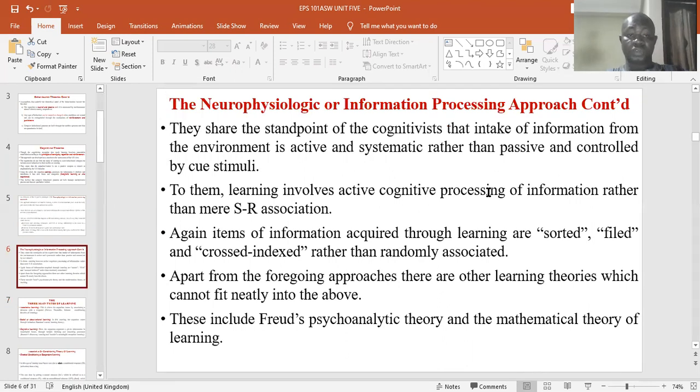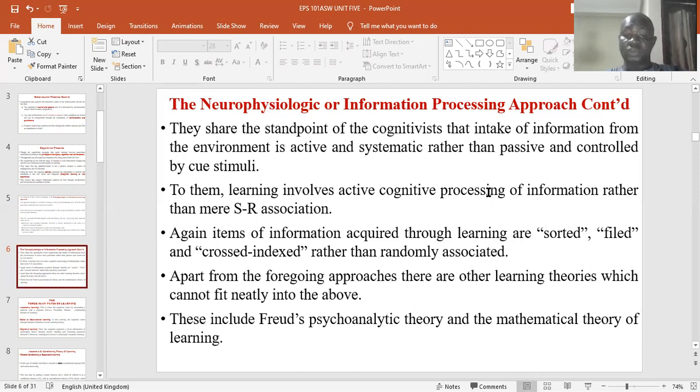This group of individuals also share the viewpoint of the cognitivists. They share similarities in that intake of the information from the environment is an active thing by the learner. So whatever the learner takes from the environment, he actively gets himself involved in it by thinking about situations. Based on the thinking, he takes a decision. So to them, the information processing theories, learning involves active processing of information rather than mere stimulus response.